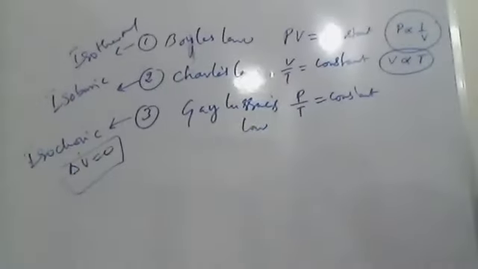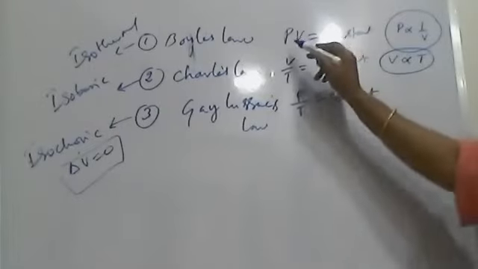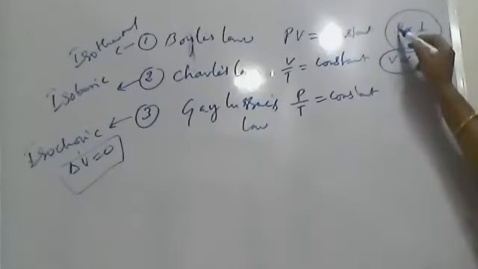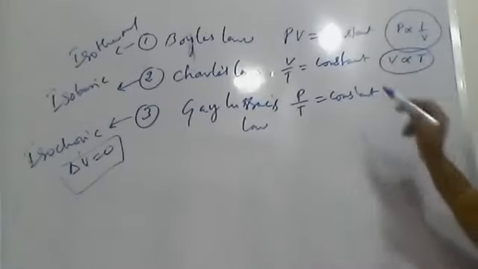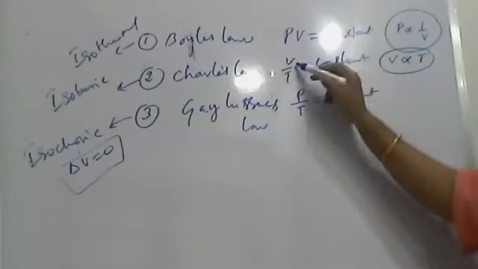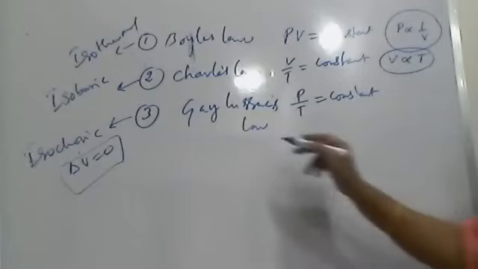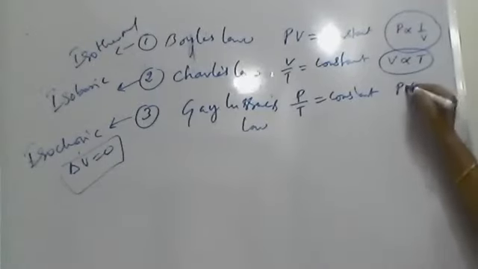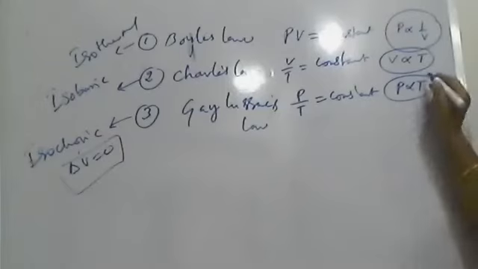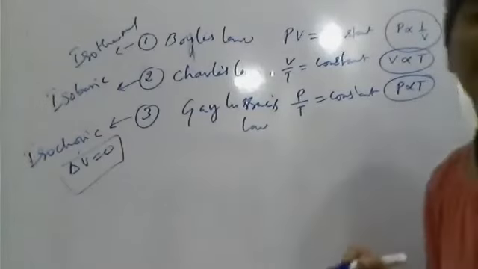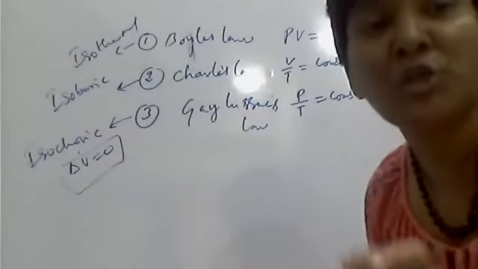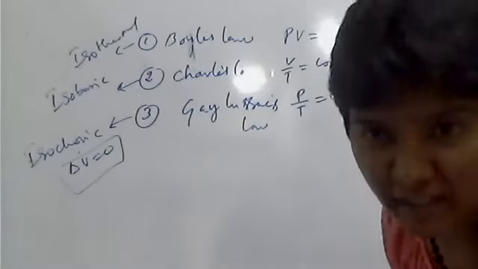So in Boyle's law, pressure is inversely proportional to volume. In Charles' law, volume and absolute temperature are directly proportional to each other. And in Gay-Lussac's law, pressure is directly proportional to temperature. Because we know that gases offer pressure due to collisions made on the walls of the container.